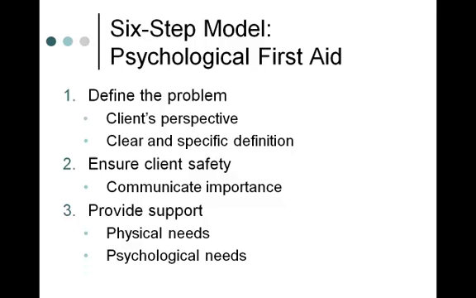Right? So think about this metaphor for a second, what it means for psychological first aid versus psychological surgery or psychological hospitalization. Right? So first aid is a lot about doing triage, so identifying what problems are there, and then dealing with the problems that will cause immediate harm if not addressed.